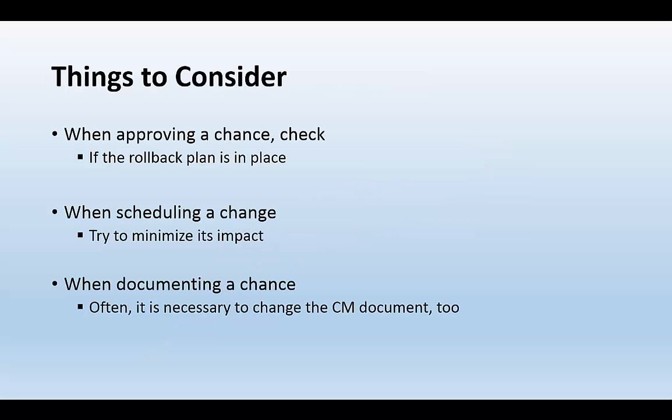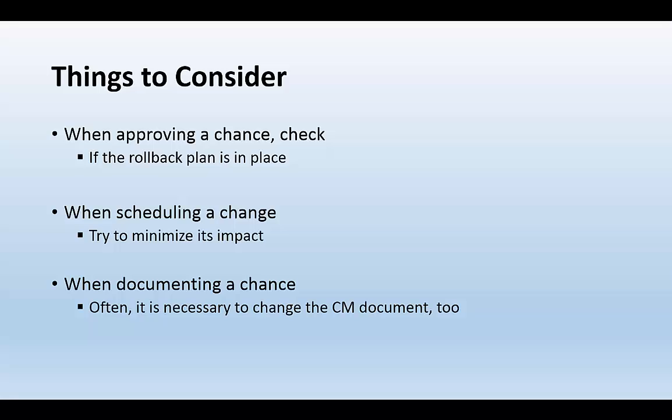There are some important things to consider when doing change management. For example, when approving a change, make sure you check if the rollback plan is in place, because if the change somehow causes some failures, you may want to go back to the previous state before the change.